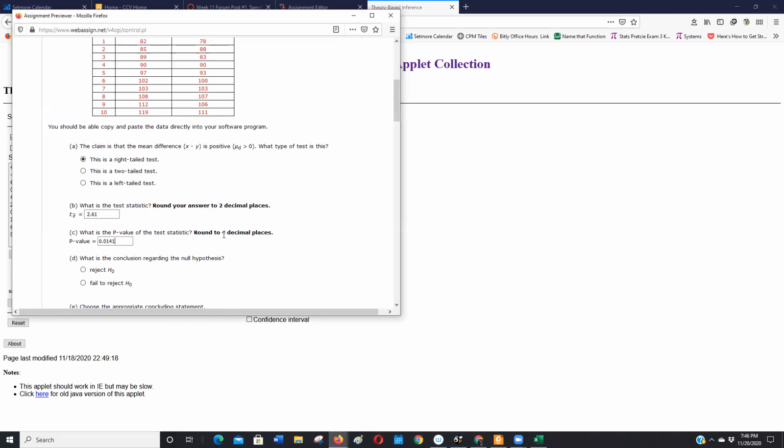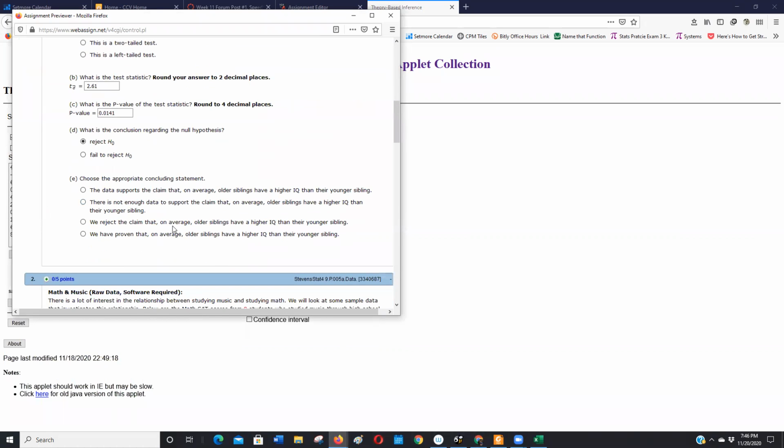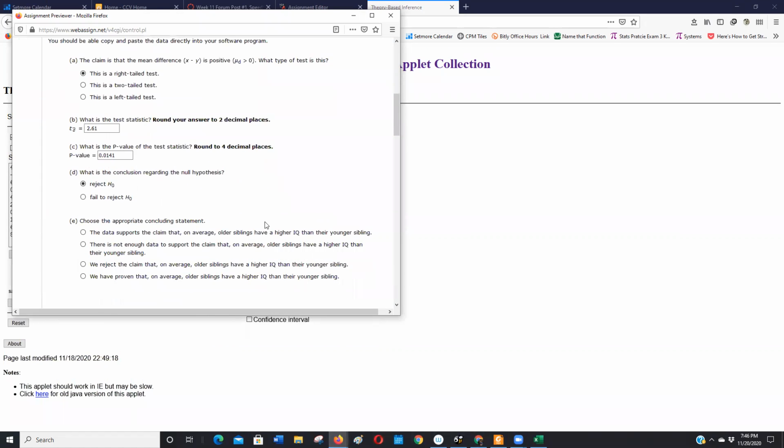And at the 5% level of significance, I'm going to reject H0 because the p-value is smaller than 5%. And because we reject H0, H1 is the claim, saying it's greater than, and we reject that they're not the same. So the data supports the claim.